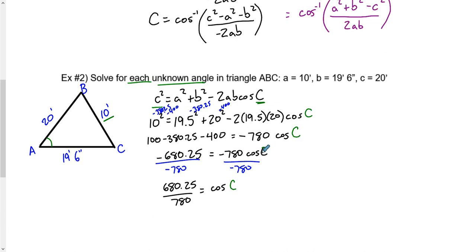I'll just change that to a green C. And then I can cosine inverse 680.25 over 780. Again, making sure you're in degrees, not in radians.